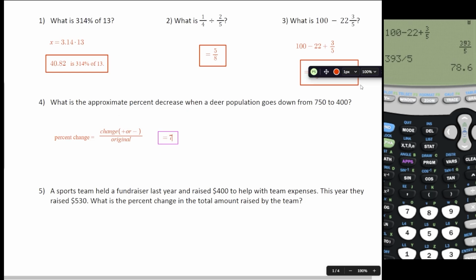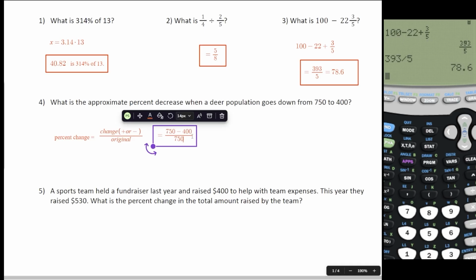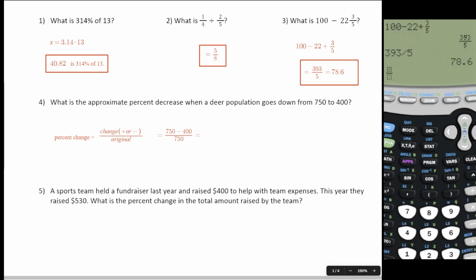So the change is going to be 750 minus 400 over the original amount, which is 750. So this is something that I will just put into my calculator over here. Set up a little fraction, 750 minus 400, that's the change.